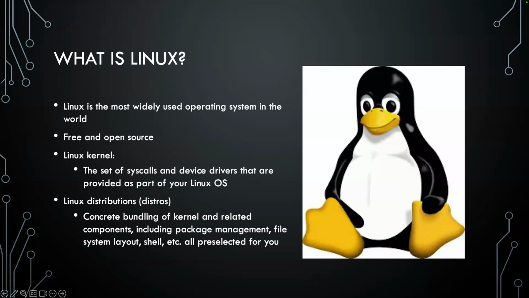Then the Linux distros are a bundling of the kernel and any related components. That could be your package management tooling, your file system layout, the shell that you want to use, and that's all pre-selected for you. Some distros have a lot of userland programs pre-installed, like Kali, which comes prepared with everything you ever need to be a pen tester.